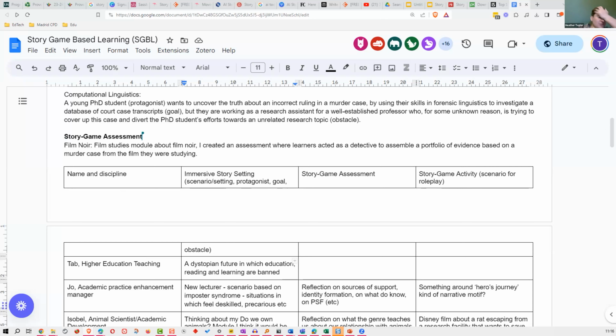I was just going to ask, I've literally just submitted a module change form, which means that rather than doing my normal end of term MCQ exam online, which as you can imagine is very easy to cheat on, I've changed that to a portfolio.